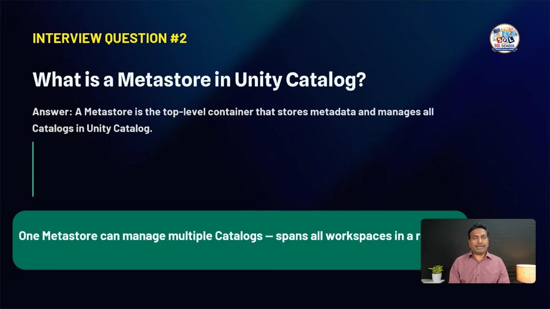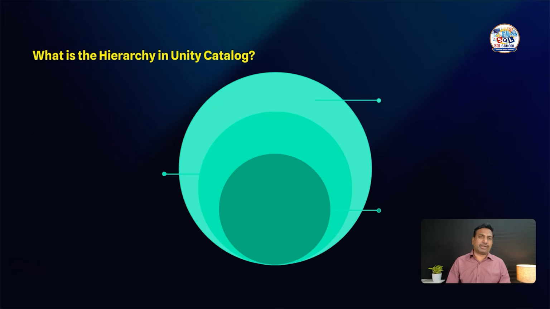And remember, it is the parent component. The Metastore will be actually run by DBR, the Databricks runtime component, internally. So DBR controls Metastore, Metastore controls Unity Catalog, Unity Catalog controls all schemas and workspaces.